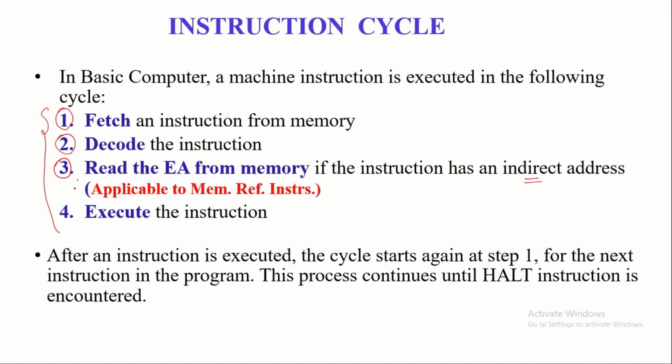This phase is applicable only to memory reference instructions and is not applicable to register reference and IO instructions. After that, the instruction is executed. These four phases are repeated for executing each and every instruction in the program until the halt instruction is encountered.